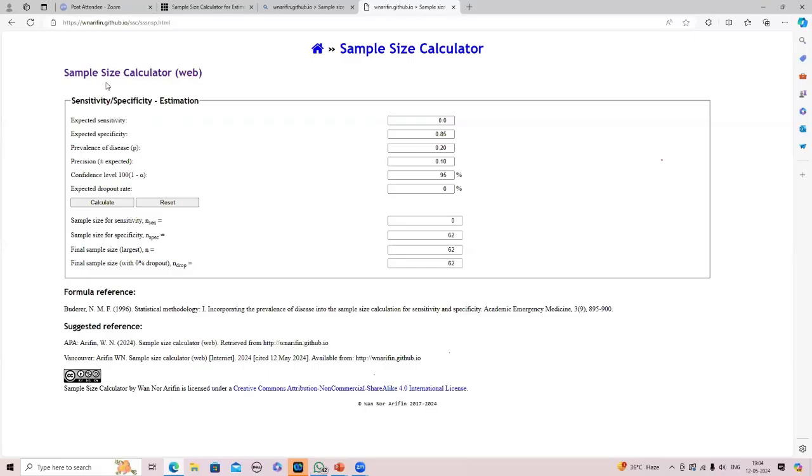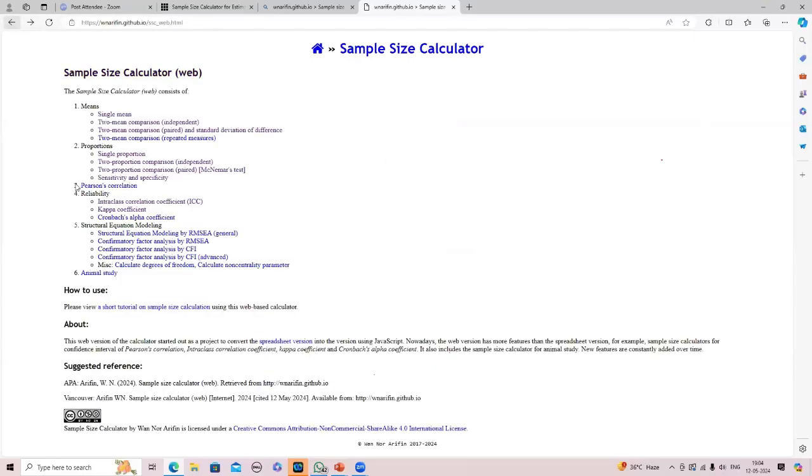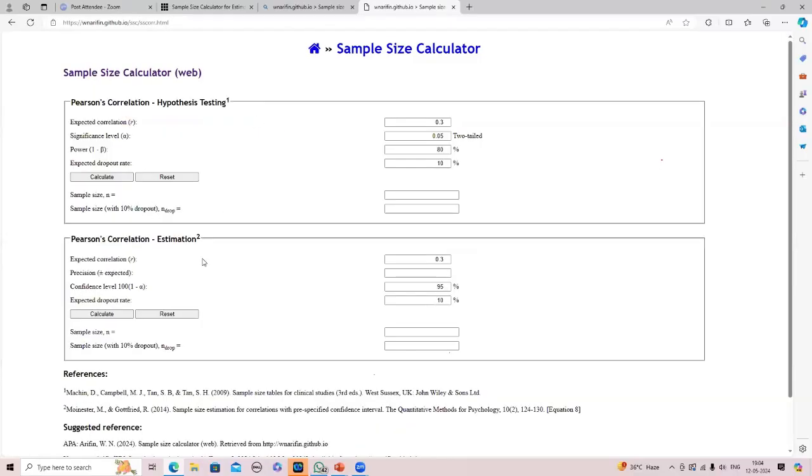Now we come to the calculator for the correlation. If you want to find out the Pearson correlation, then you click on the Pearson correlation. This screen will appear. I am not calculating for the hypothesis testing; I am going for the Pearson for the estimation. Today I explained about the hypothesis, but after that we will first discuss the Pearson correlation for estimation. We give the expected correlation.